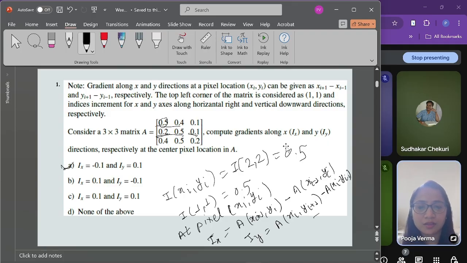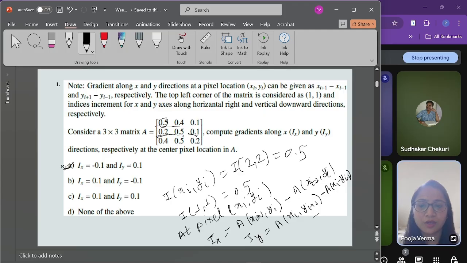All the things are given in the question. So directly just remember this one, in the x direction and y direction, how we take a gradient with respect to the pixel location. I hope you have understood this question.